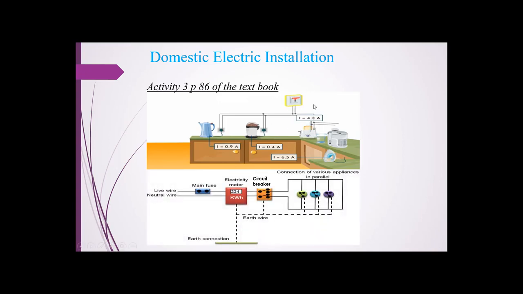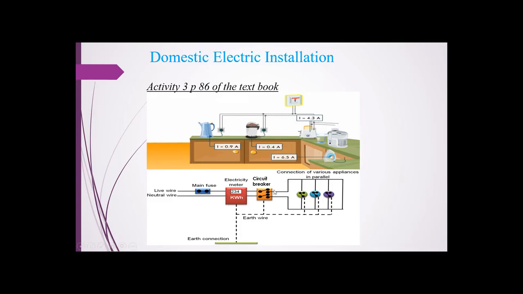These appliances are connected, all of them, to a circuit breaker, which is a switching off device found in all houses. This is a schematic diagram that shows these connections. These electric appliances are connected in parallel. And this is the electric meter, which feeds the house by electricity.